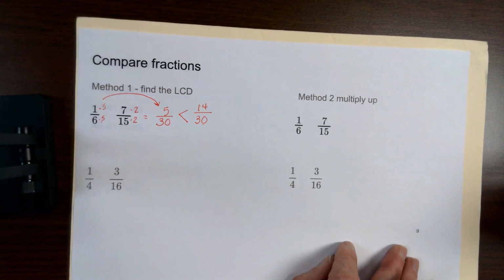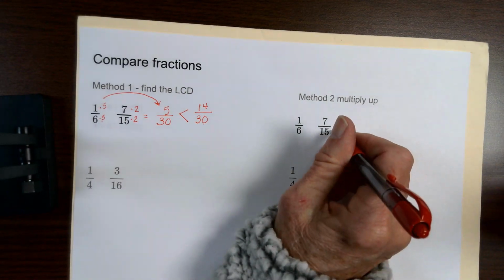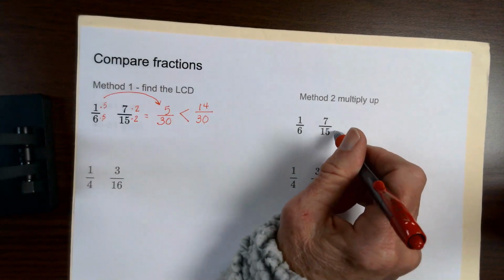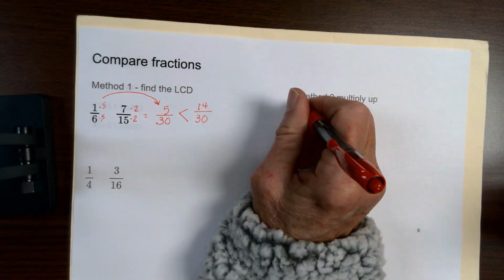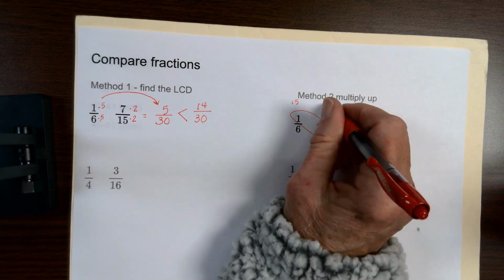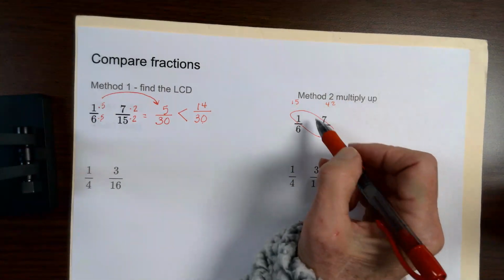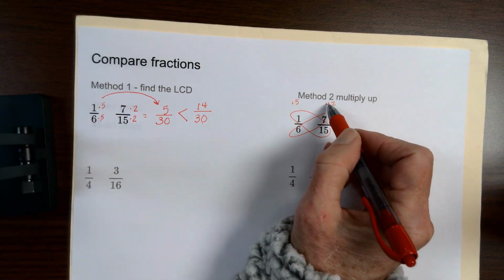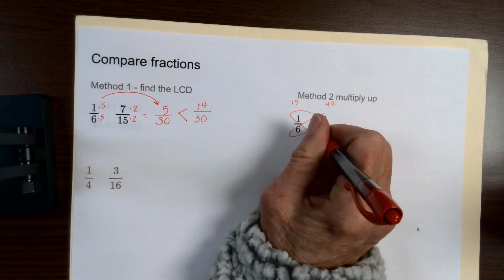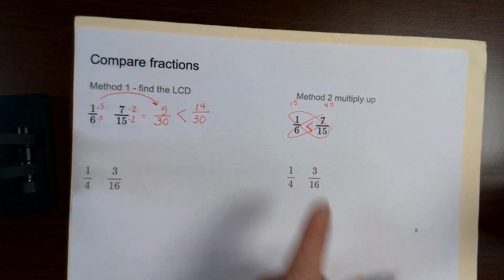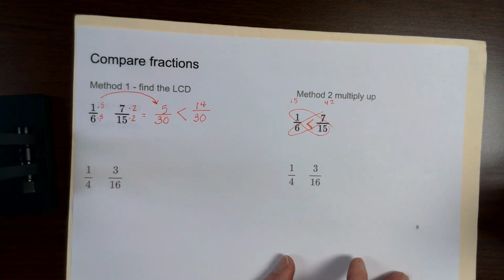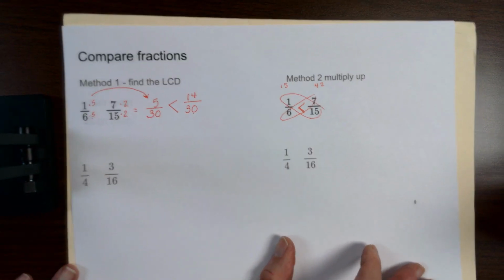The second method is what we call a butterfly method, or a multiply up method. You multiply up, 15 times 1 is 15, 6 times 7 is 42, 42 is larger than 15, so I know I'm going to put a less than sign between it. Obviously that's a whole lot easier, but it can be done the other way.